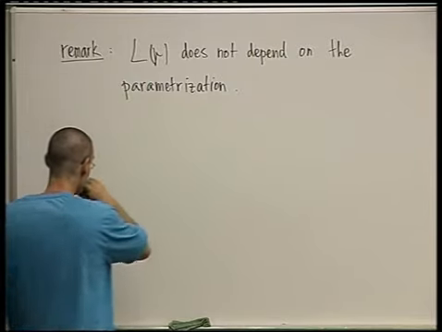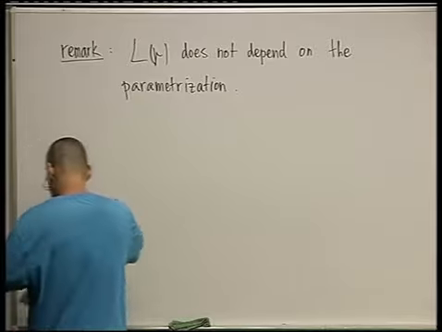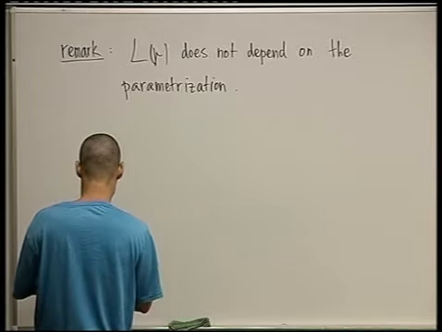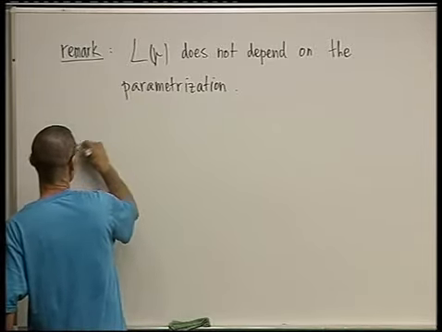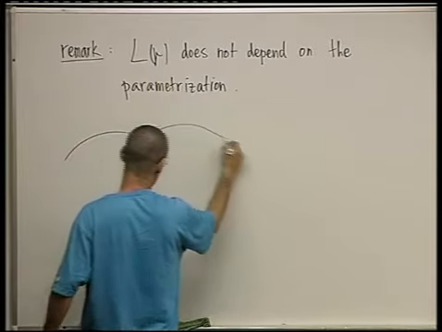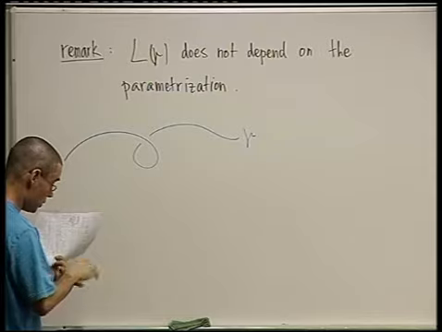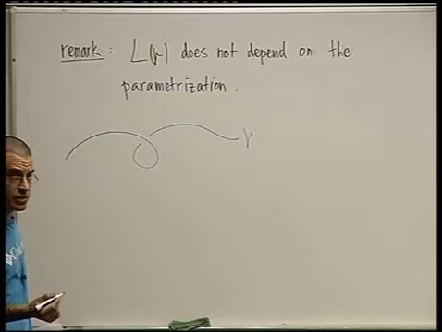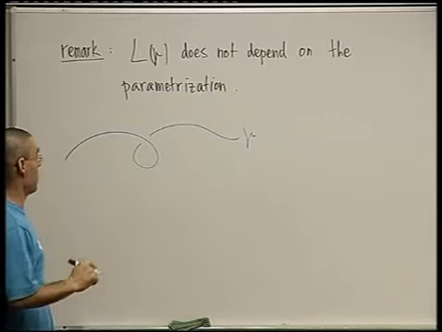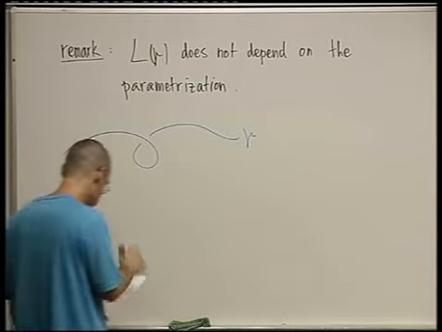And we can define, so if we have a curve, let's say the curve looks like this. Here's a curve, gamma. We can choose a parameterization, which is usually denoted by the letter s to distinguish it from all the different parameterizations t.